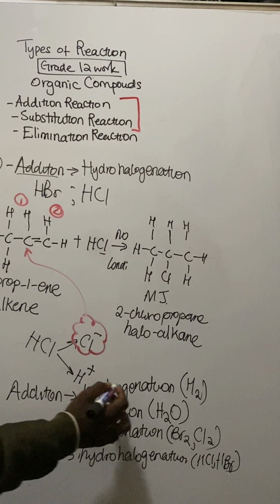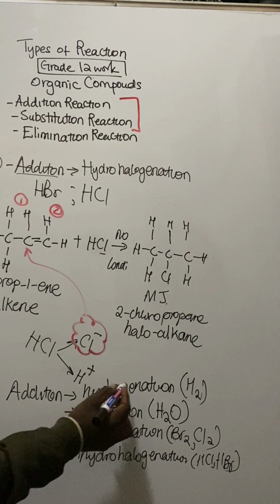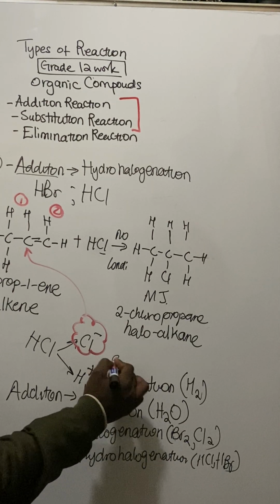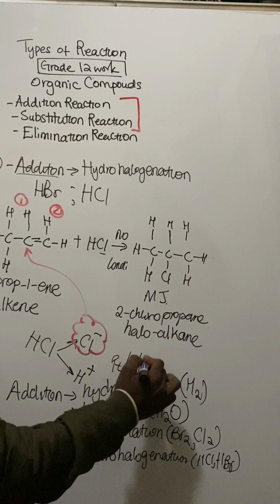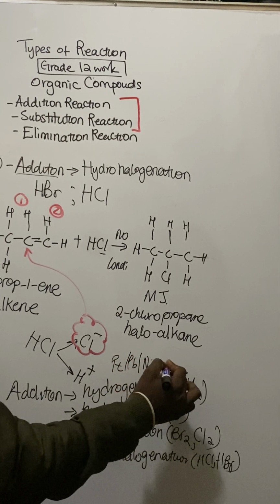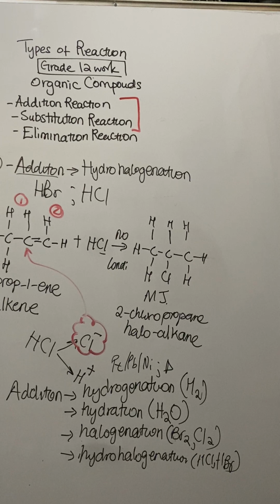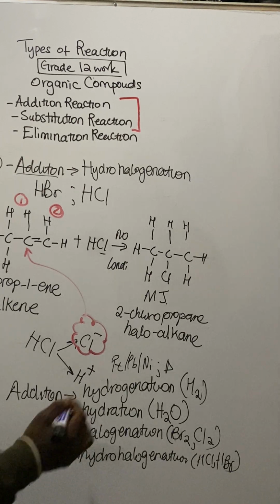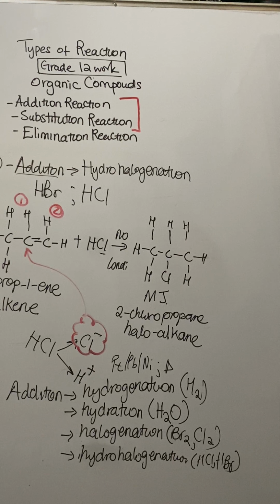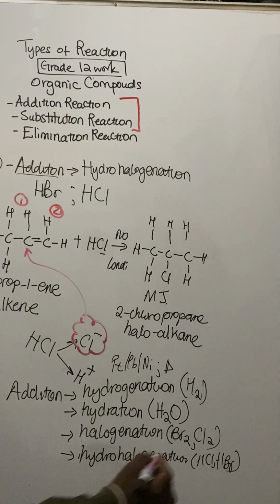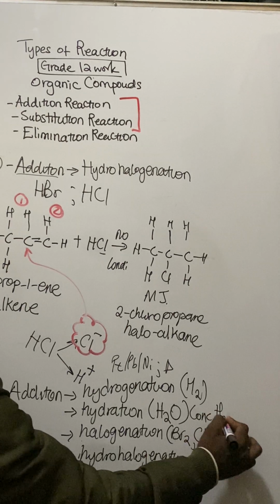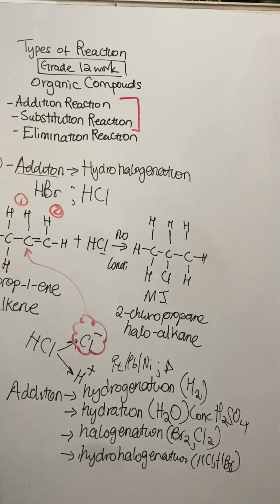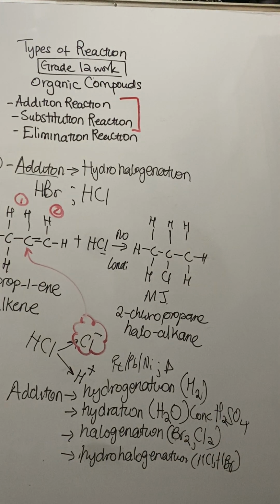The condition for hydrogenation is platinum, palladium, or even nickel with a bit of heat. Guys, it can be mild heat actually. And then hydration simply needs concentrated sulfuric acid as the reaction condition.